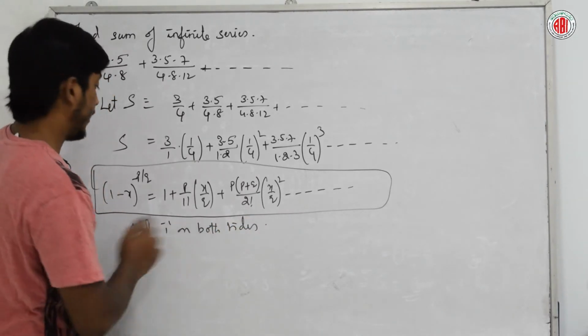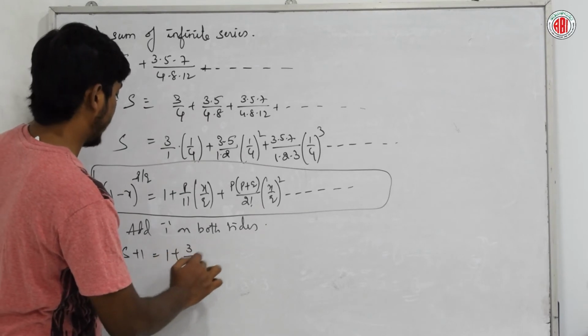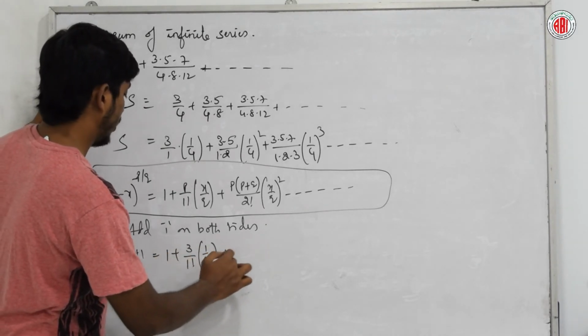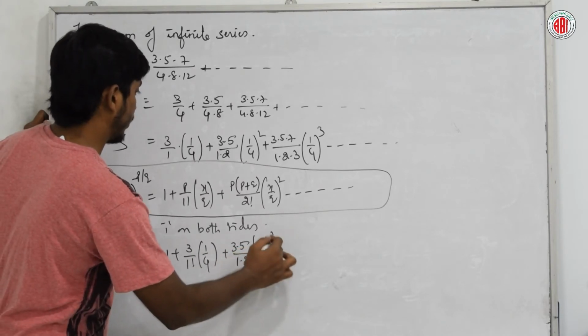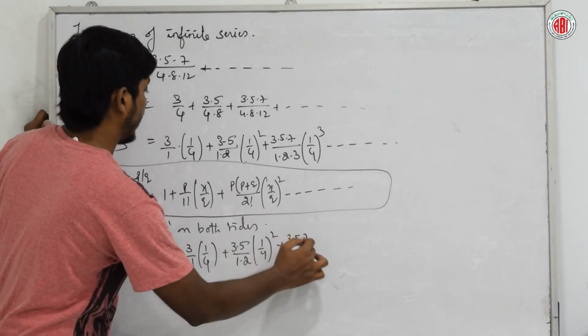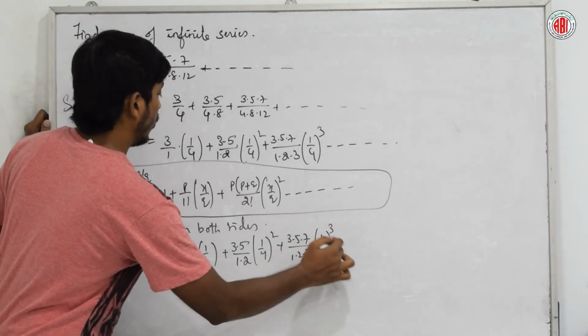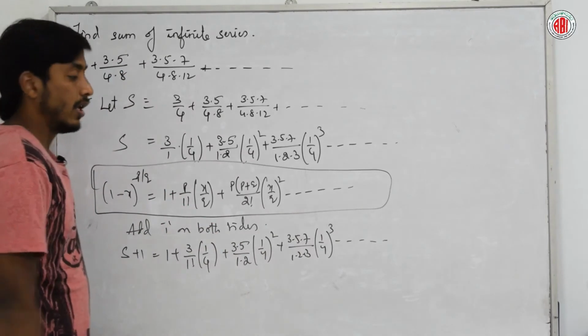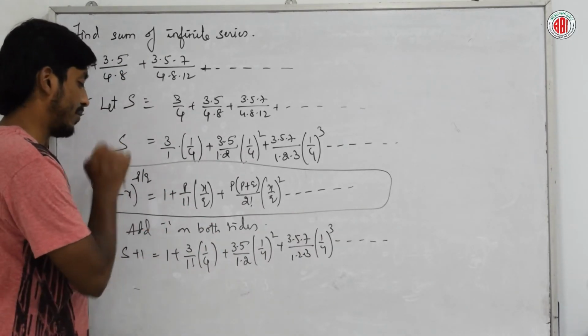Right? So what do we get? S plus 1 is equal to 1 plus 3 by 1 factorial 1 by 4, plus 3 into 5 by 1 into 2 into 1 by 4 whole square, plus 3, 5, 7 by 1, 2, 3 into 1 by 4 whole cube and so on. Now what is the formula of this? This is 1 minus x whole power minus p by q.